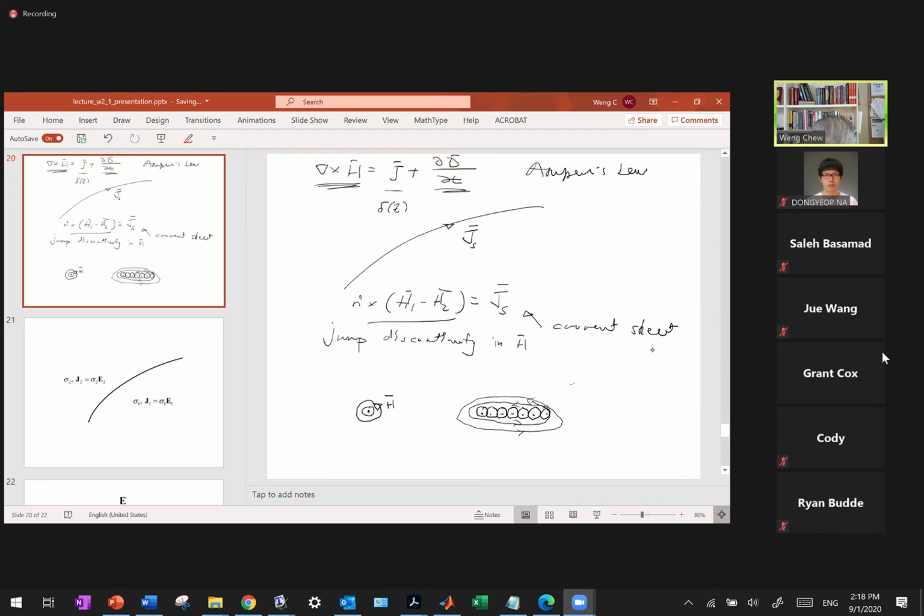And you can see that n cross H across this interface has a jump discontinuity.